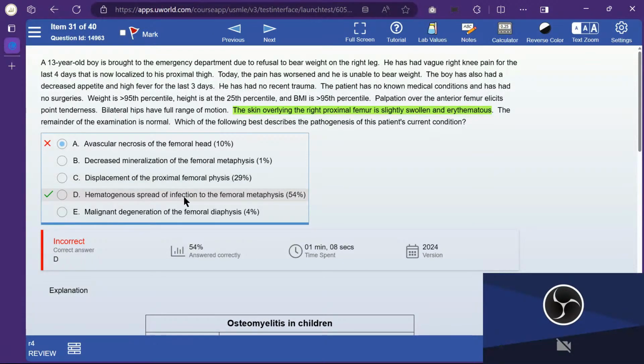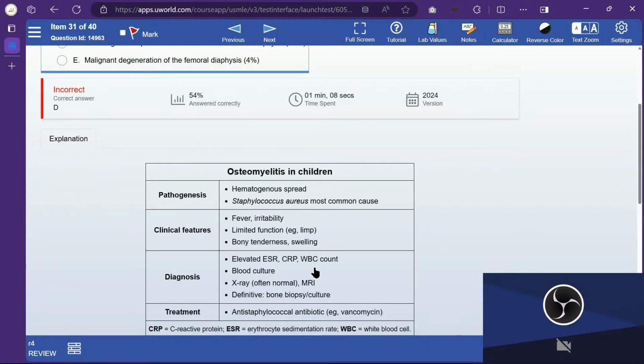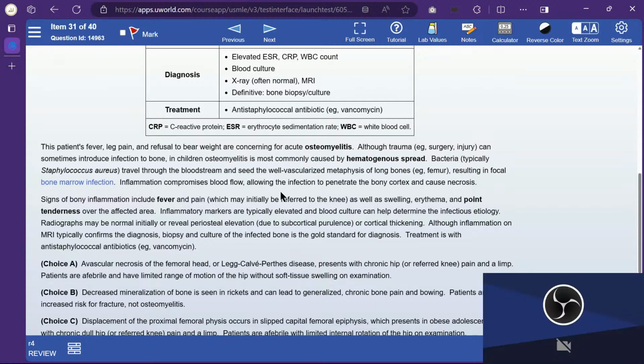Hematogenous spread of infection of the femur. In osteomyelitis, there is hematogenous spread of infection.